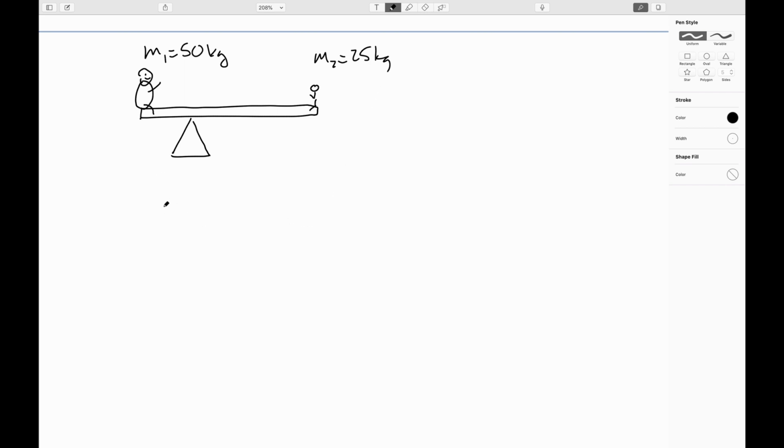Let's say this is a very long teeter-totter plank, like so. And so we'll say this distance between the fulcrum and the big kid is 1 meter. And what we're interested in finding out is the distance between the fulcrum and the skinny kid. And just to make things less awful on ourselves, let's make the plank massless.